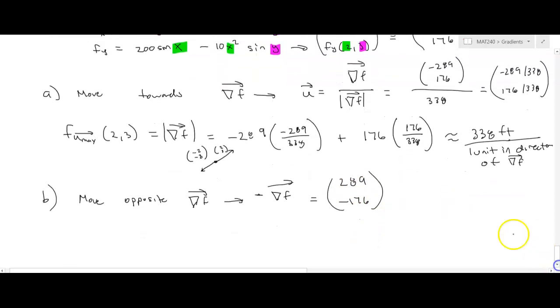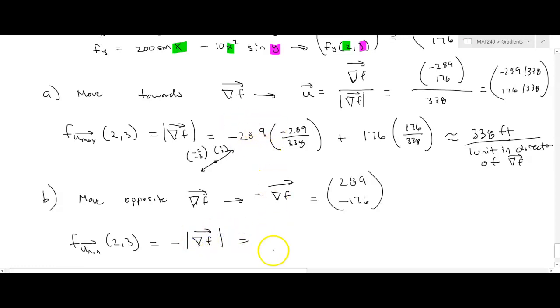Now this is the change in f per unit change in the direction of what we'll call u min. So now we're going in a direction that minimizes our elevation. We already know the derivative will be the negative magnitude of the gradient of f.